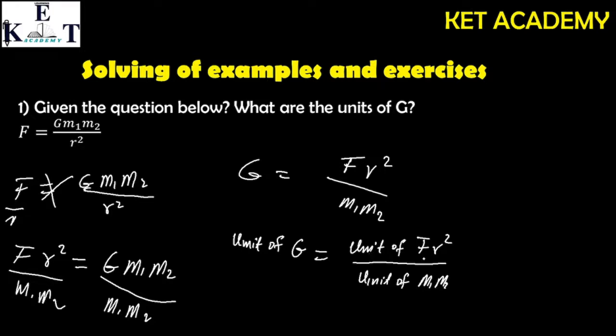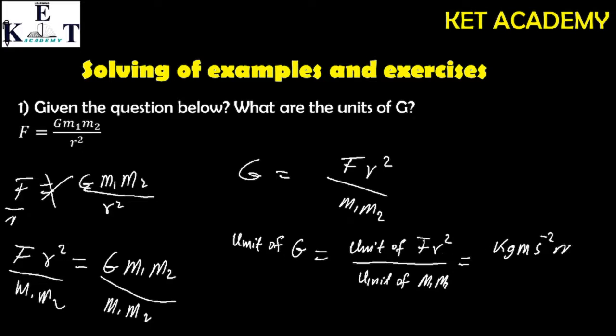So after stating this, we are simply going to put in our units. We know that F can be represented as ma, and m is measured in kilogram, which is the mass, and acceleration is measured in meters per second squared. Now r is the distance between our two masses, and we know distance is measured in meters, so it will actually be meters squared since r is squared.